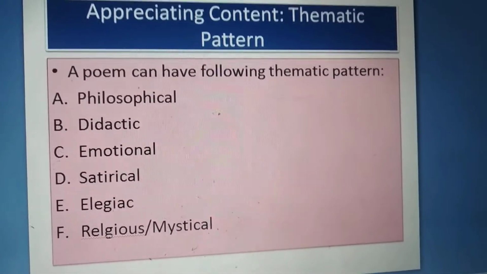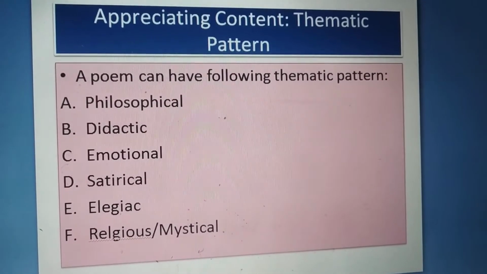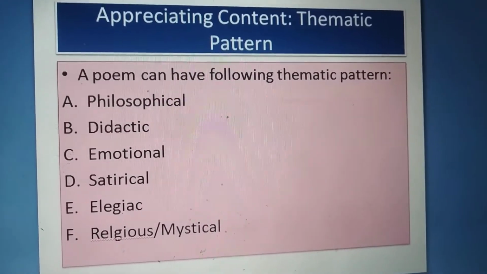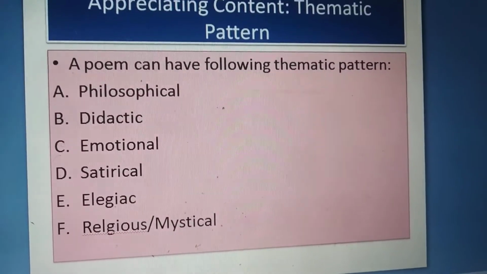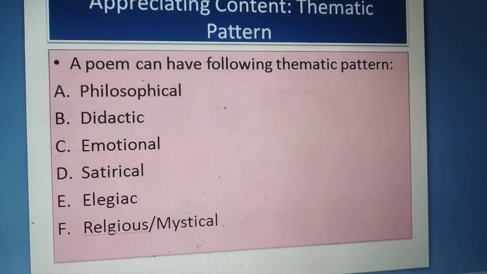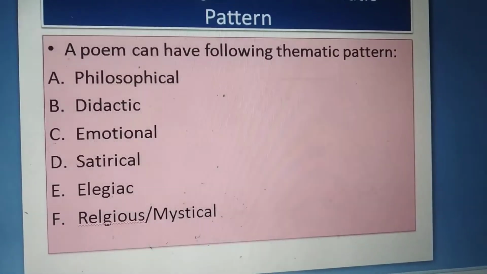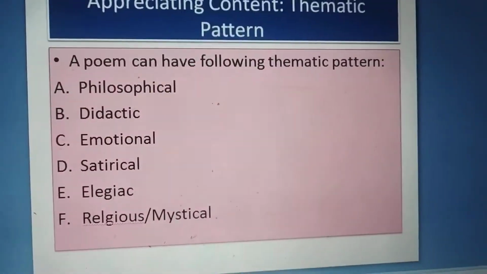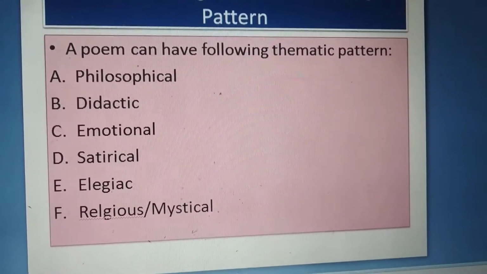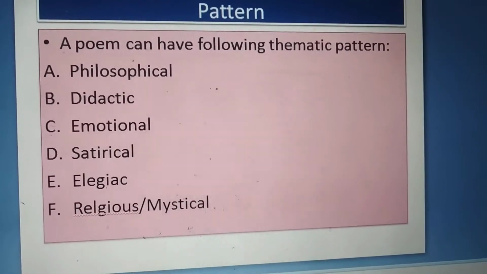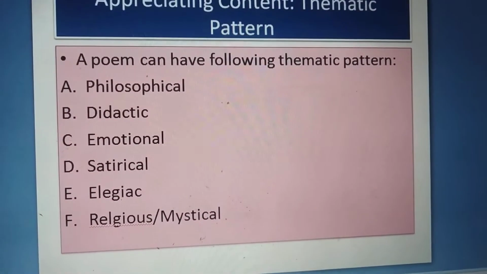Now, when we have decided what kind of poem it is, we try to find out the basic or general thematic pattern of the poem. So, a poem can be philosophical, didactic, emotional, satirical, elegiac, or religious or mystical. So by reading the poem, we have to find out the general thematic pattern of the poem.